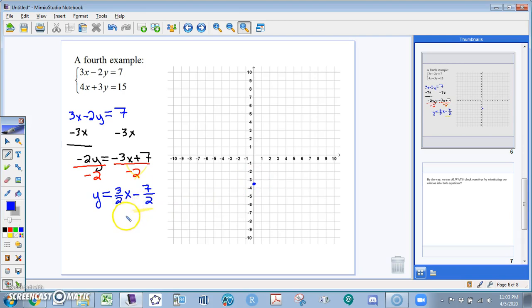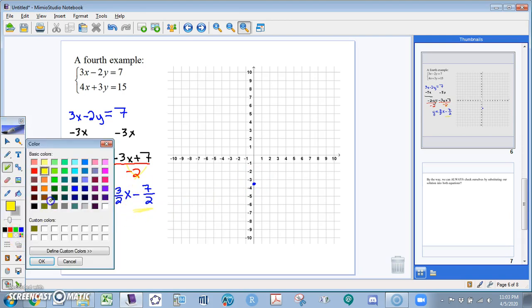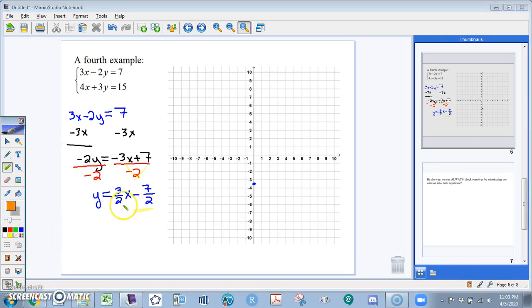And then somehow I've got to plot that slope of 3/2. So I've got to go up 3 and over 2. Up 3 means I've got to go up 3 of those in betweens because I'm halfway in between. So there's up 3 and then over 2.